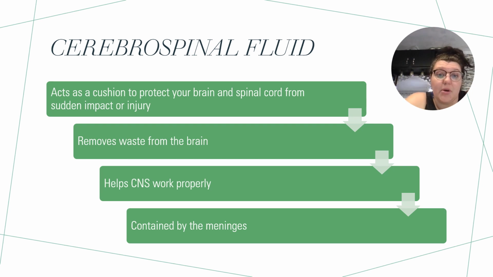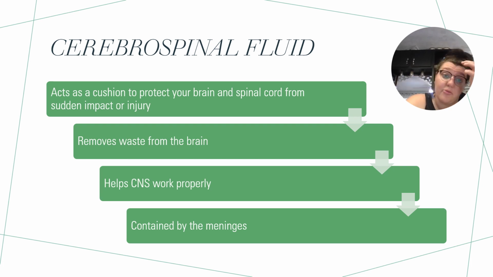So first we have our cerebrospinal fluid. This is a clear fluid, and it acts as a cushion that protects your brain and spinal cord from sudden impact or injury. So if you were in a car wreck, and suddenly came up and hit somebody, you're going to jerk.